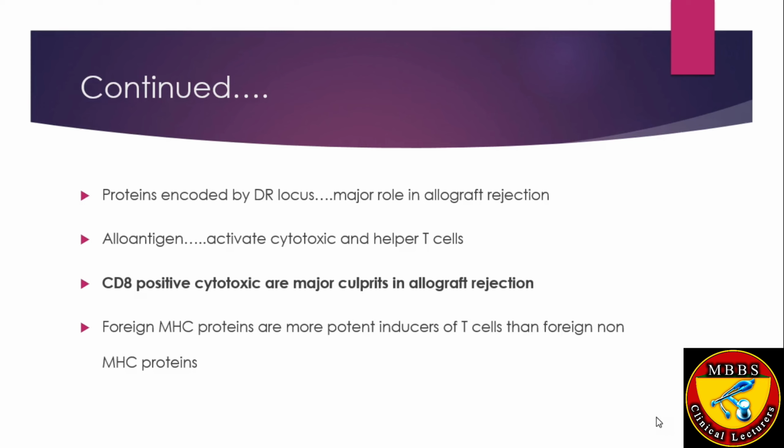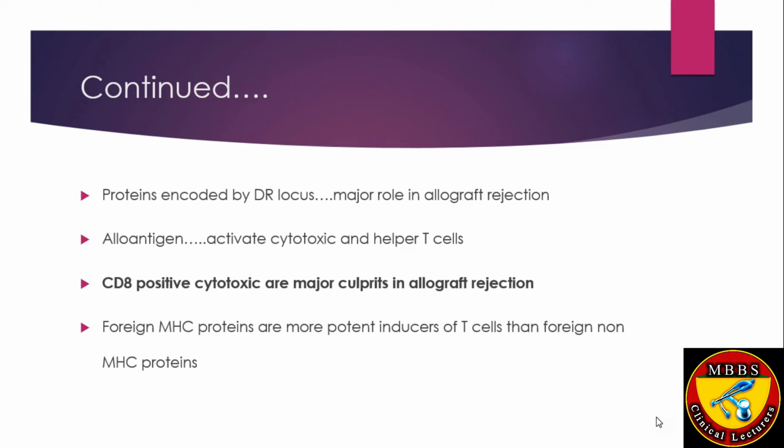Okay, so basically the major role in allograft rejection is played by the proteins encoded by the DR locus. This is an important point. Also, these alloantigens, as I've told you, will activate the cytotoxic and the helper T cells. And basically in allograft rejection, the major culprits are the CD8 positive cytotoxic T cells.